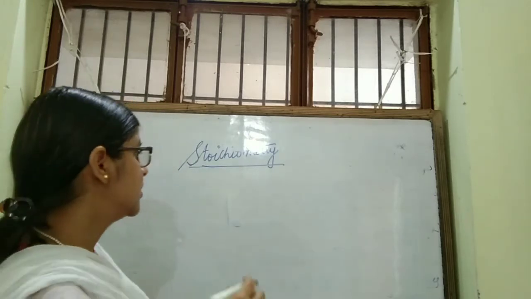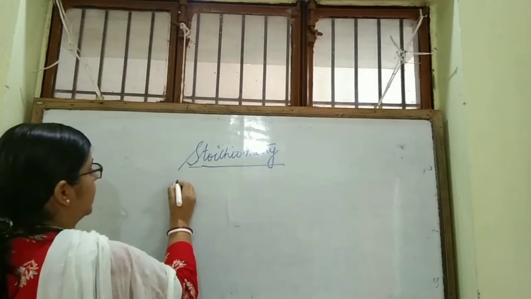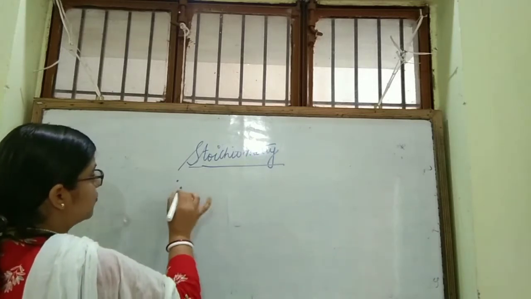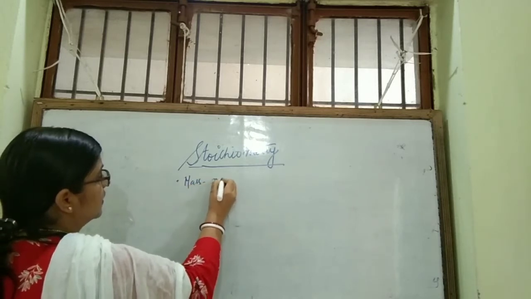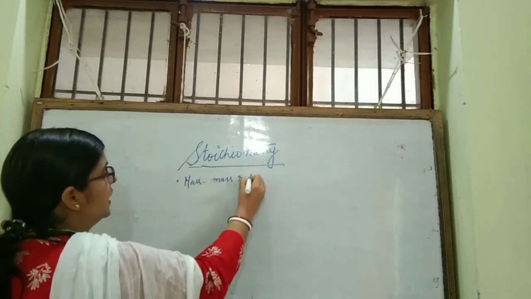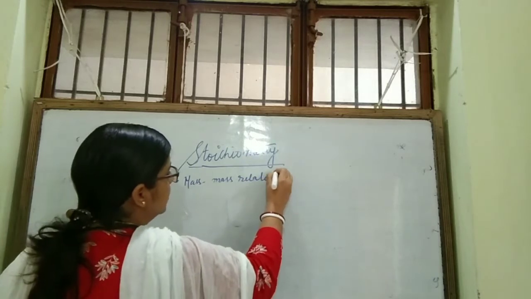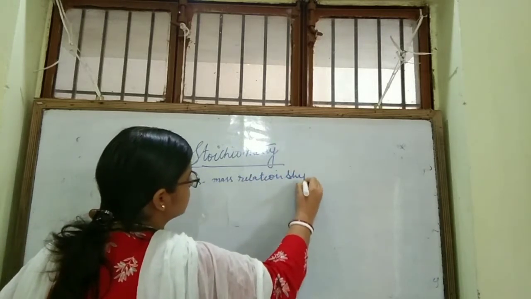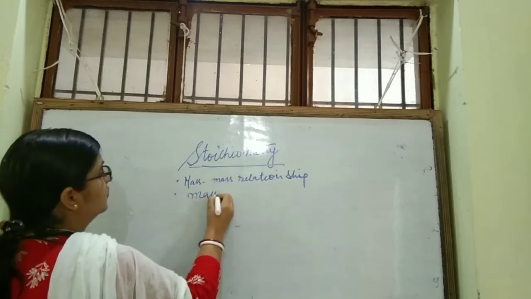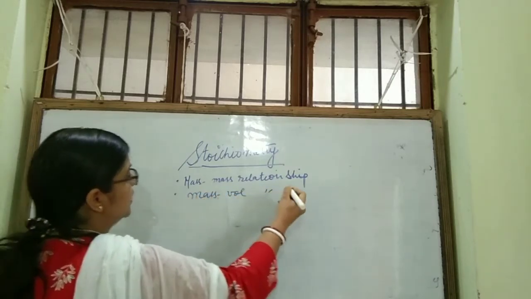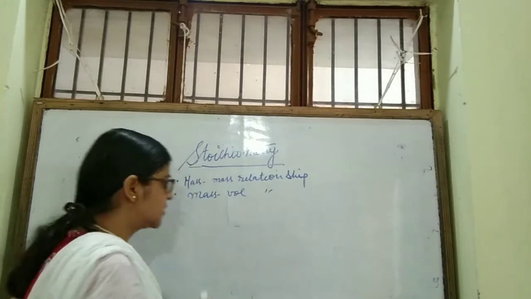What is the ratio of each reactant with the product? So what can we draw from stoichiometry? Mass-mass relationship between reactants and products. Then mass-volume relationship between reactants and products.